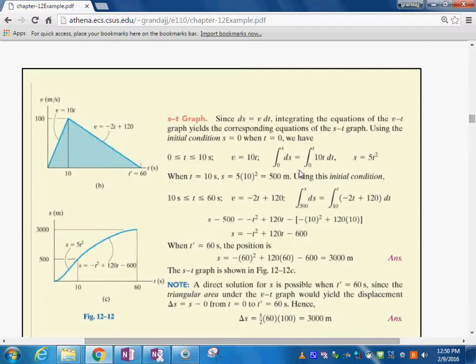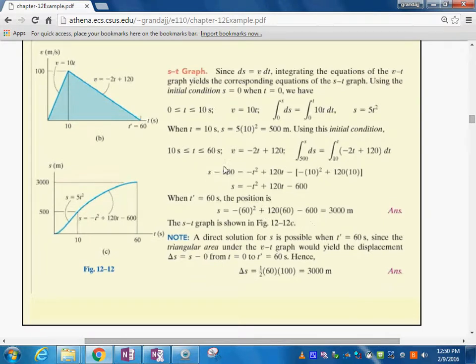That's equal to minus t squared plus 120t plus 10 squared minus 120 times 10. So from here you'll know you have s. So let's examine what happens when the time is 60 seconds.